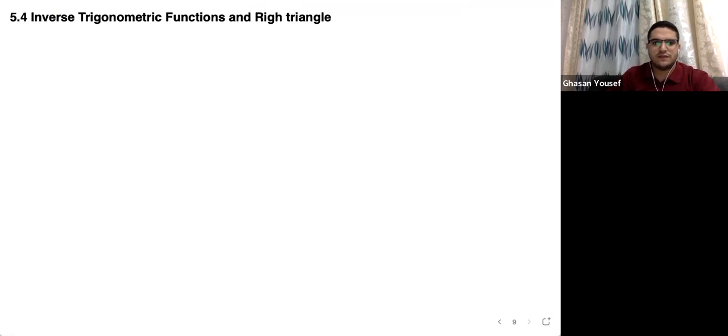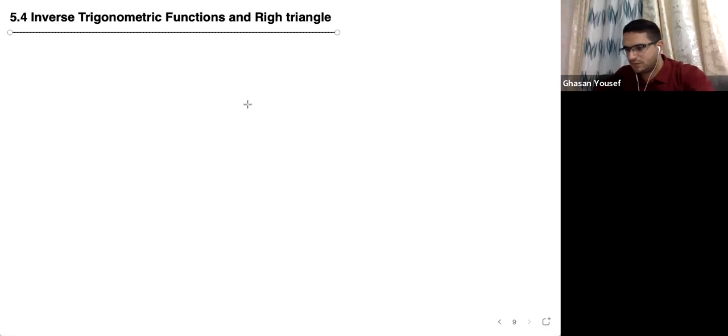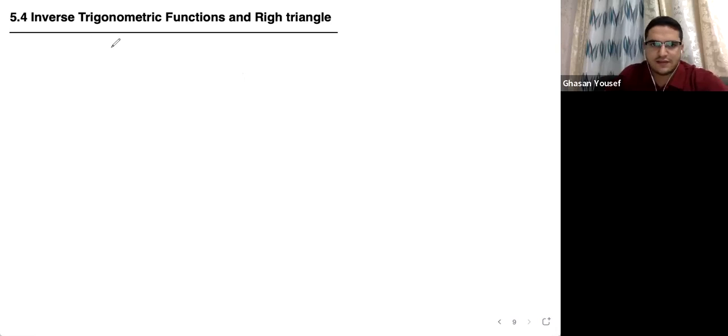So what does that mean? You should know the inverse for the sine, cosine, and tan. This means the inverse for the sine function, the cosine function, and the tan function.